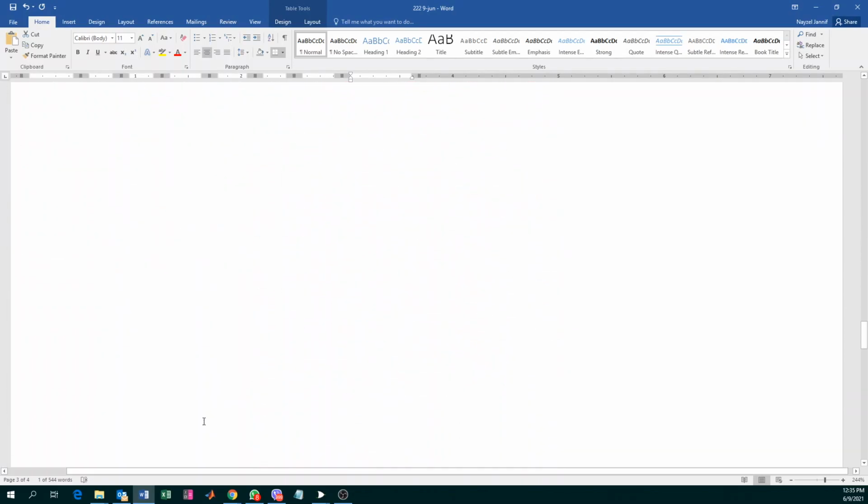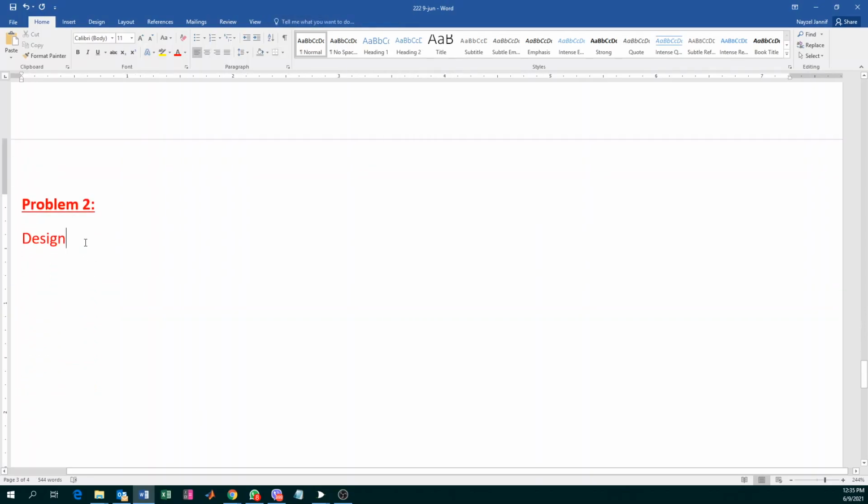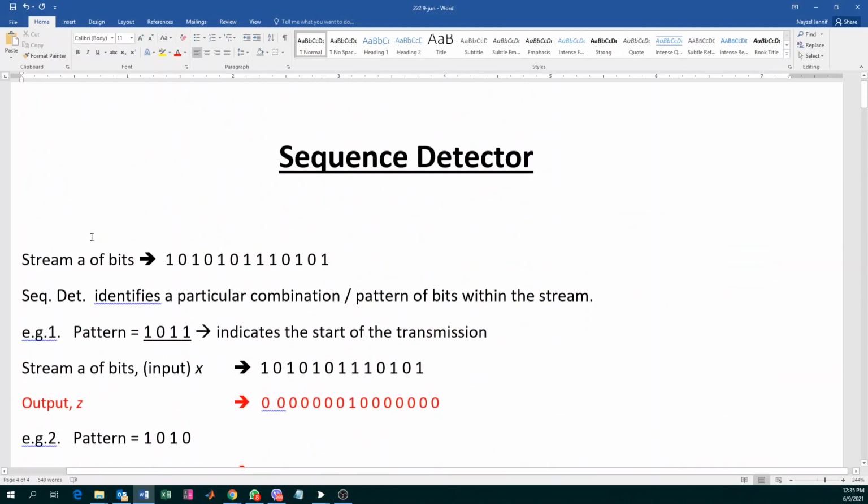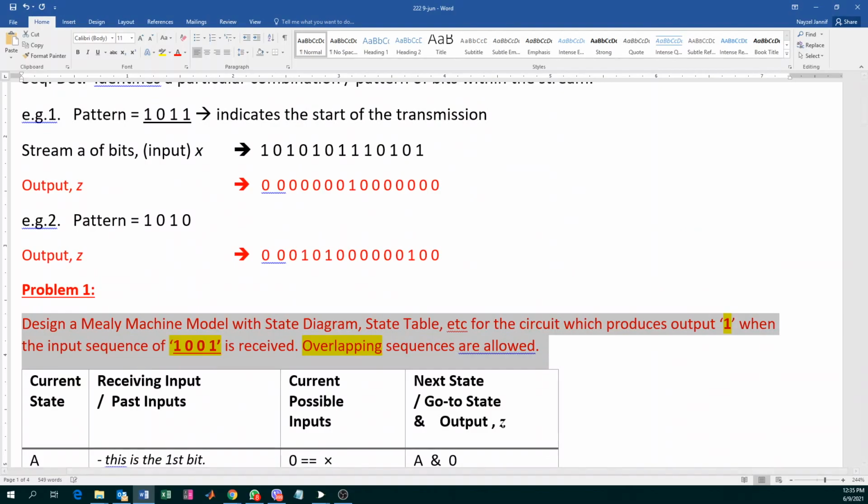All right. You can always ask me. We'll have some more classes on this later on. Okay, let's see a new question. I'm just going to do the first state diagram. Design a Mealy machine. Same question but different sequence. Let's do a different sequence now.